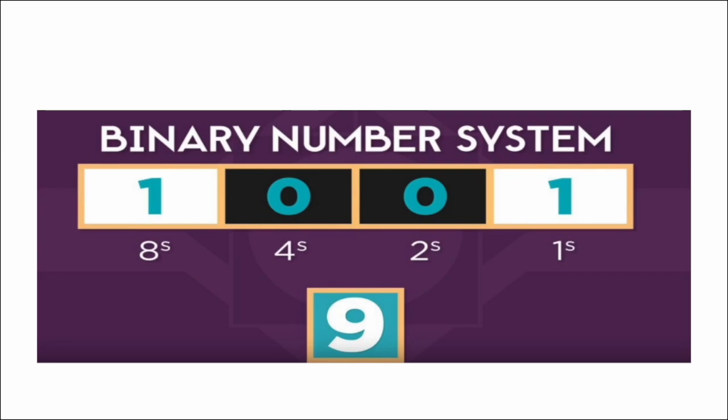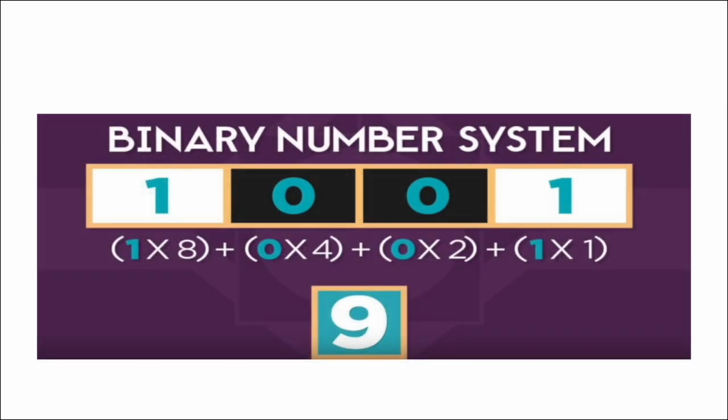So 2 power 0 plus 2 cube, that is 1 plus 8, 9. That's all. Any doubts? This is what we discussed.